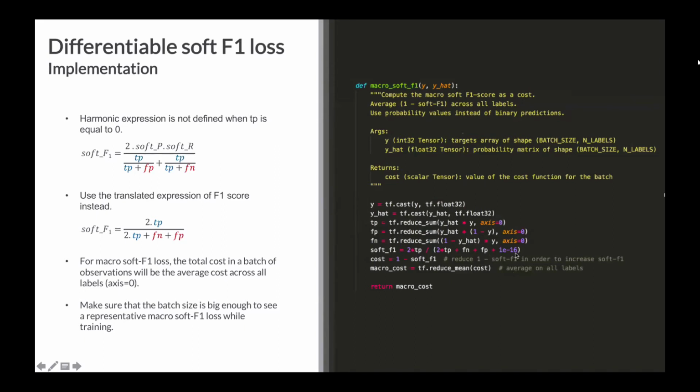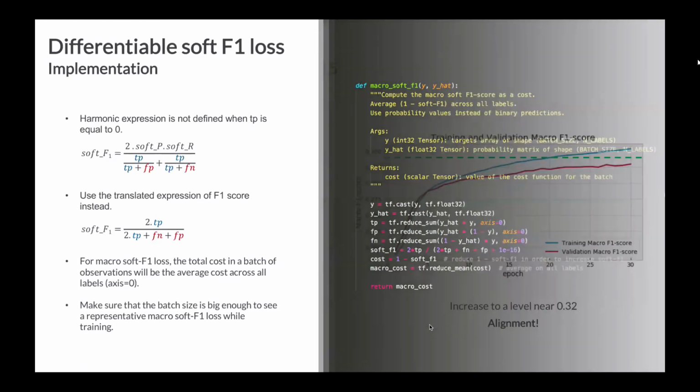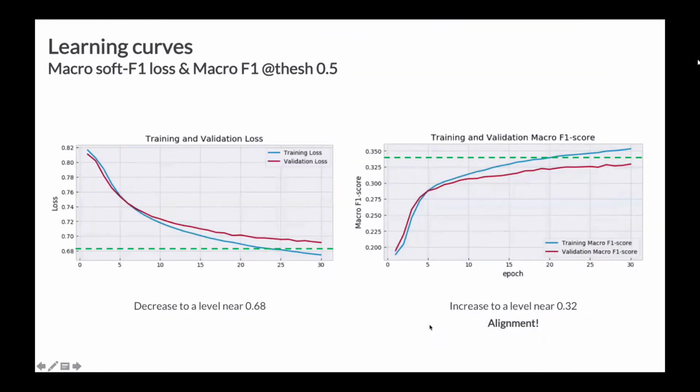You can see that I'm using the translated expression of F1 instead of the harmonic average of precision and recall, because this translated expression is much better. The harmonic average is not defined when the number of true positives is equal to 0. I have to move ahead very quickly.